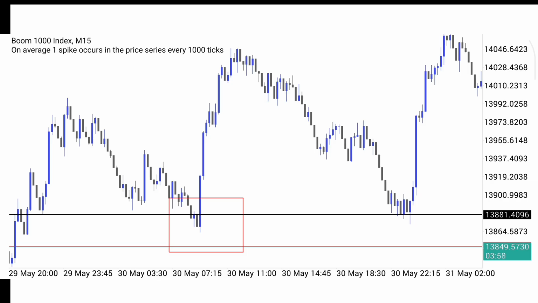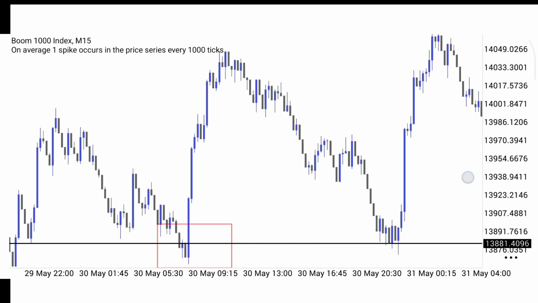Now when you have that already and you have drawn your line like this one, the next thing you want to do is to look out for an entry candle, and it is that entry candle that will determine if you are going to trade the market or not.